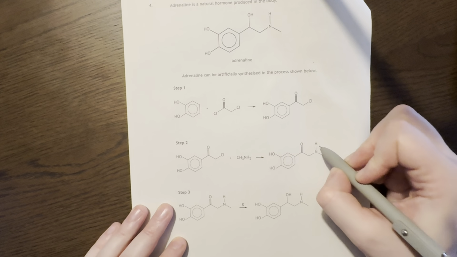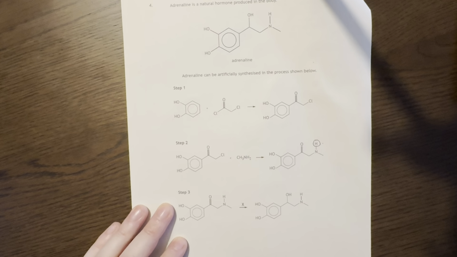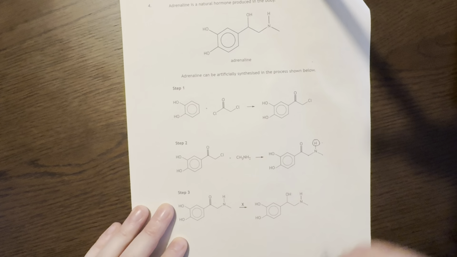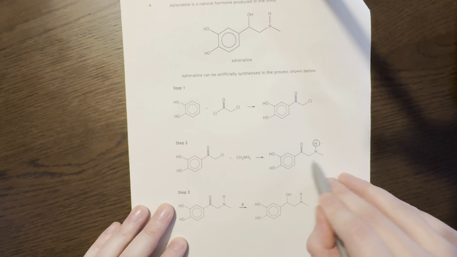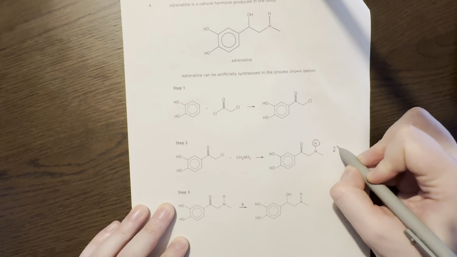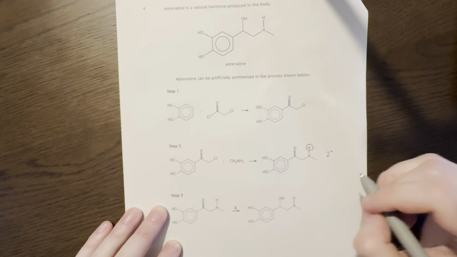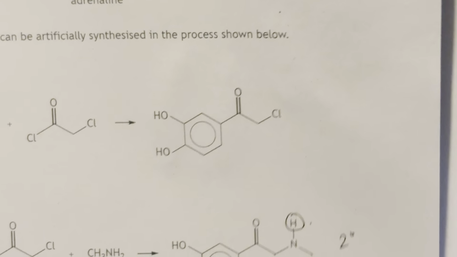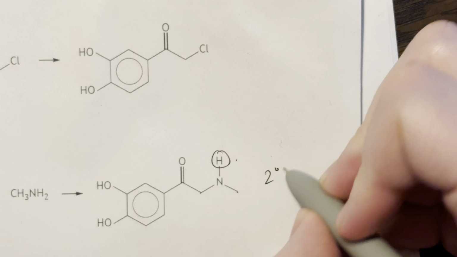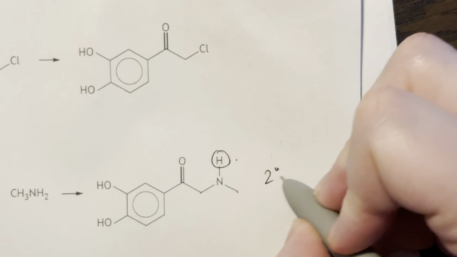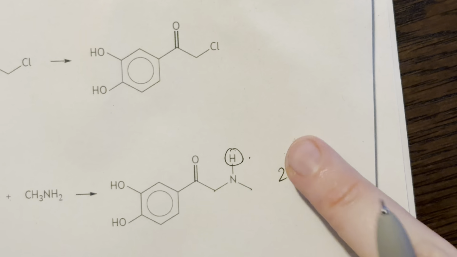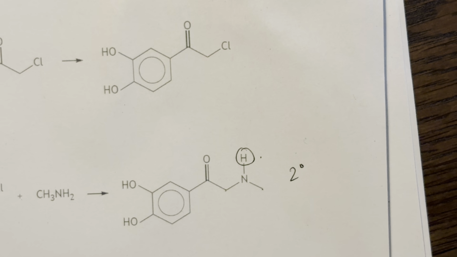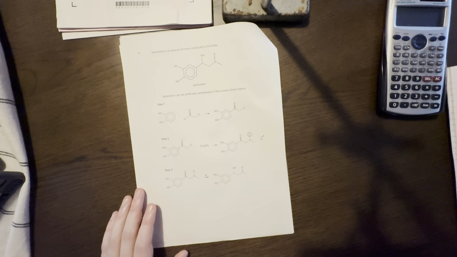In this case, we've only got 1 hydrogen, so there's 2 points of substitution onto the nitrogen, 2 carbons, so in that case it's going to be a secondary. Just to be clear there, for that answer, I've written 2 with a little degrees symbol. I would rather you just wrote the full word, secondary, primary, tertiary, whatever it is, but that is technically acceptable. Okay, just to be clear in what I actually wrote there.